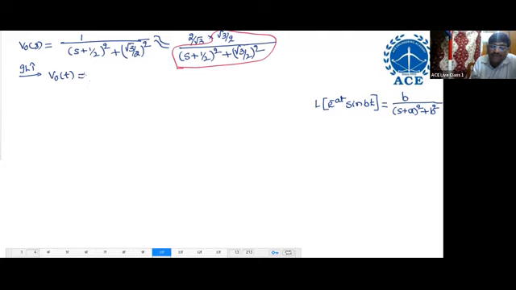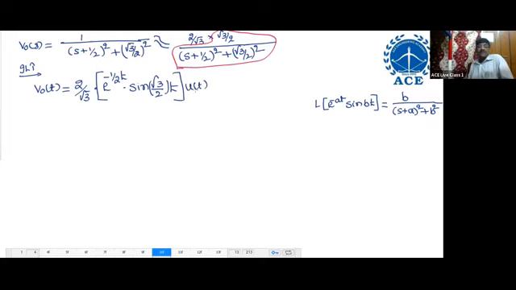That means V naught of t can be written as 2 by root 3 into e power minus 1 by 2 t sine of root 3 by 2 into t. If you want, you can write u of t.